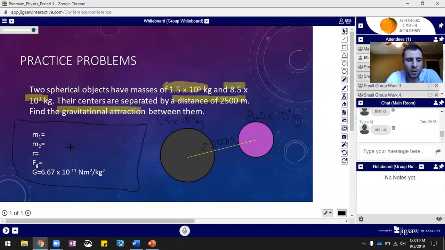Our givens, what we know, and then what we need to know. So the mass for our first object is 1.5 times 10 to the 5th kilograms. And our second mass is 8.5 times 10 to the 2nd kilograms.